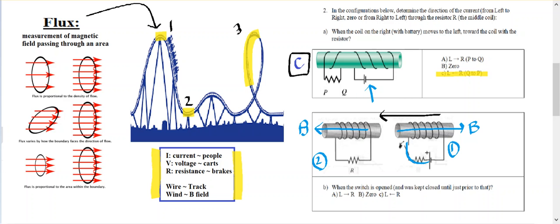That would create a flux. Like we said, things don't like change. So circuit 2 is trying to compensate for that change by changing its direction of B field, going the opposite way. So our answer is C again, right to left.